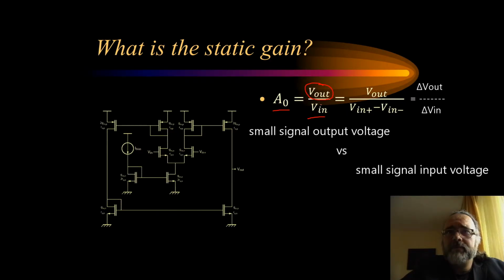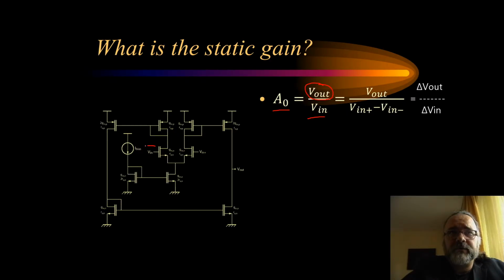Now the input voltage is differential, we have a differential input pair, and the output voltage is single-ended. Hence the static gain will be the output single-ended voltage divided by the input differential voltage, and the differential voltage of course is V in plus minus V in minus.